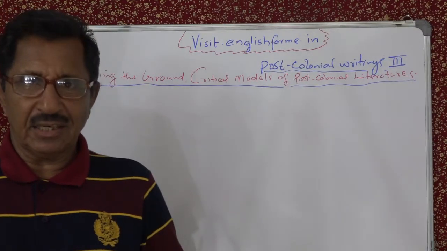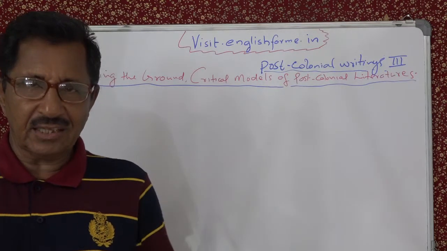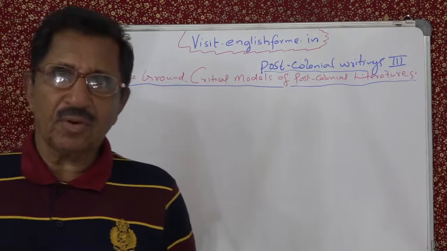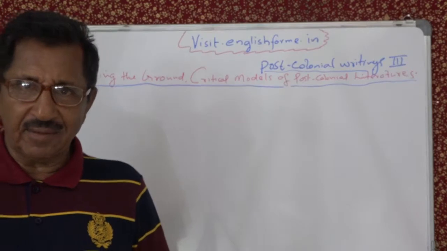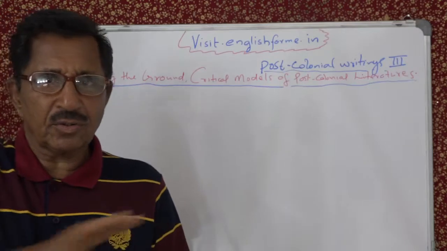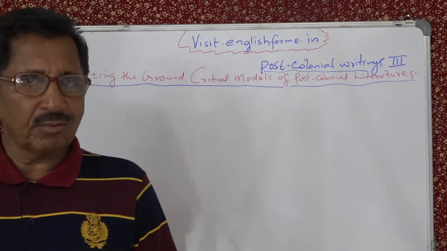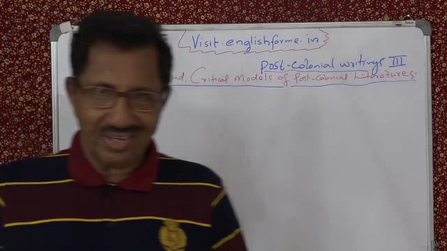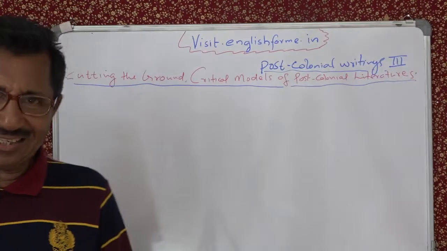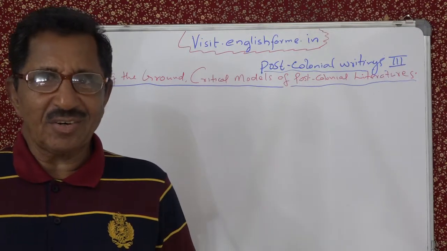The first is the national or regional models, the second is comparative models, the third is race-based models, and the fourth is syncretism or hybridity study. These are the characteristics that you will find in all the post-colonial literatures, right from American to South African, or Nigeria, Kenya, Quebec, Canada, New Zealand, Australia, India, Bangladesh, Pakistan, all the SAARC countries.